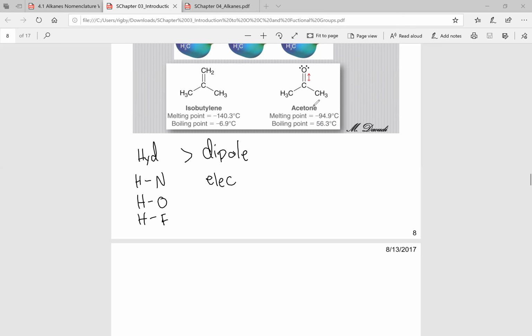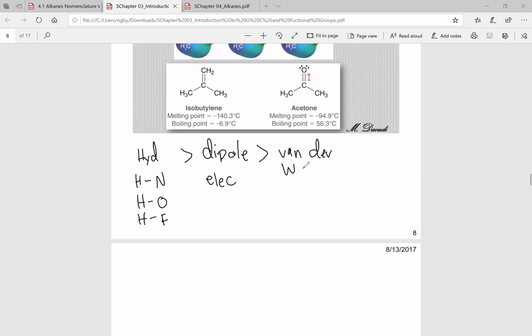You can see here in acetone, in this example, we have oxygen, which is an electronegative atom, next to a carbon. Since their electronegativities are significantly different, they're going to have a dipole moment, and that's going to make that bond stronger. And then finally, we're going to have something called van der Waals.